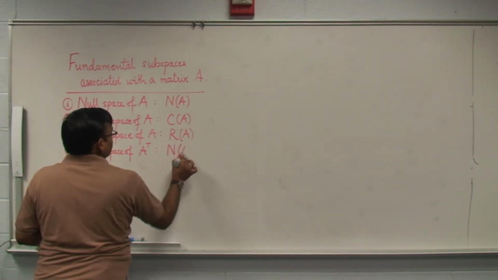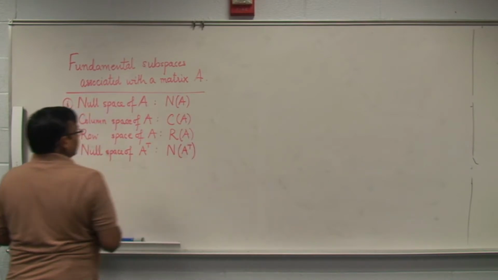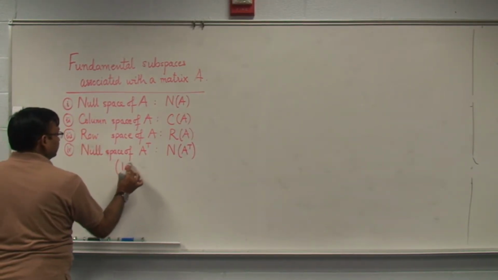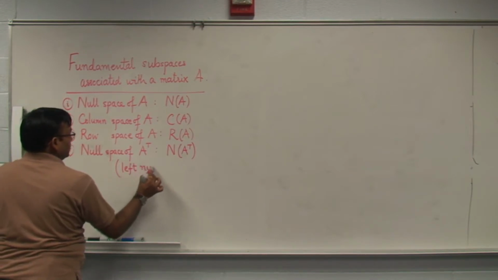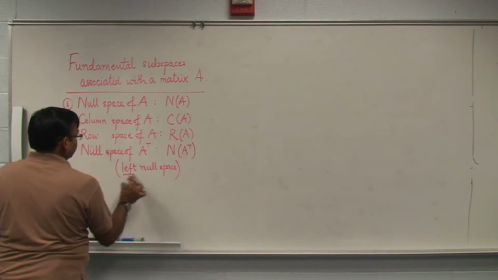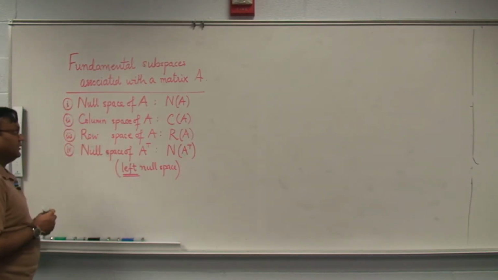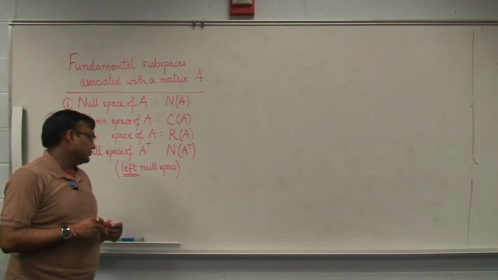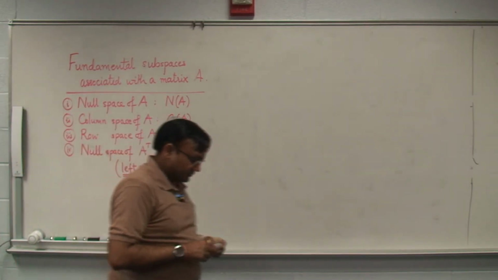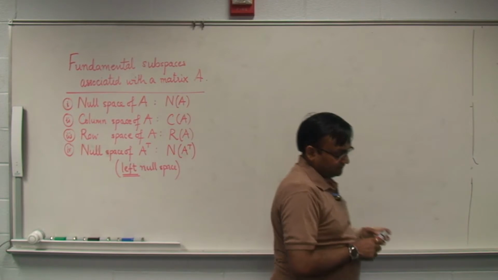I'll call it the null space of A transpose. Sometimes this is also called the left null space. And you will see the reason for choosing the word left once we encounter the definition. So these are four spaces associated with a given matrix.